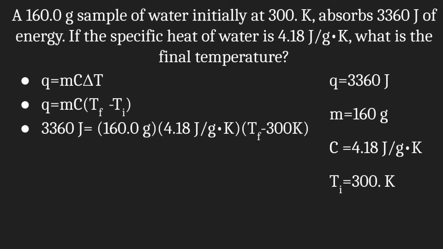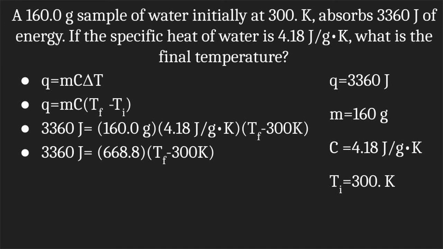So we get 3,360 joules equals 160 grams times 4.18 joules per gram Kelvin multiplied by T final minus 300 Kelvin in parentheses. And then we're going to multiply 160 times 4.18 to clean it up a little. That gives us 3,360 joules equals 668.8 multiplied by T final minus 300.